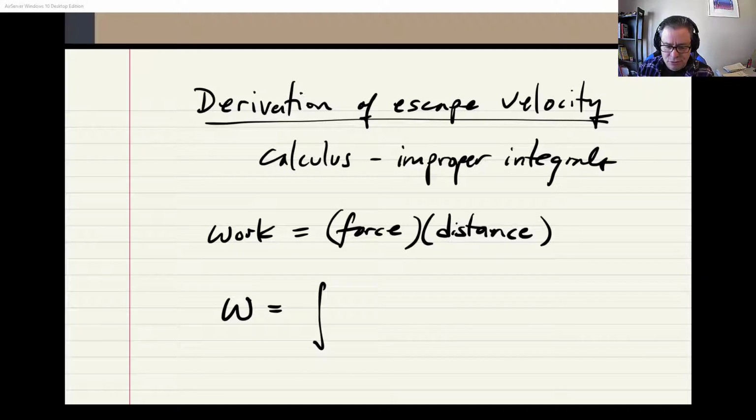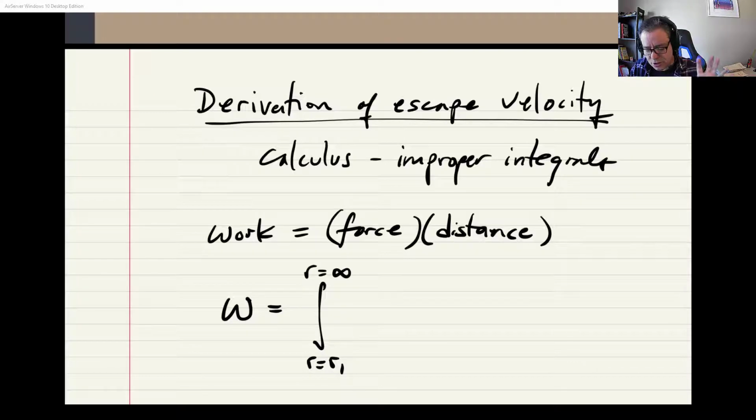In a derivation of the theoretical escape velocity, you actually have to go an infinite distance to completely escape the gravity of a planet or a primary body. So we'll say from some distance from the primary body, r1, to some infinite distance.